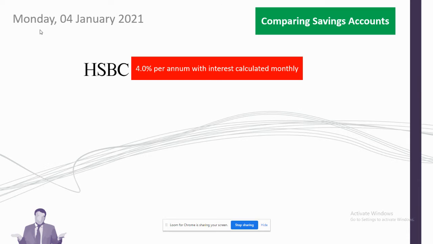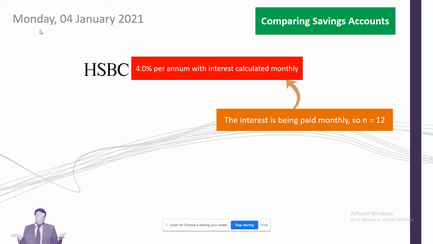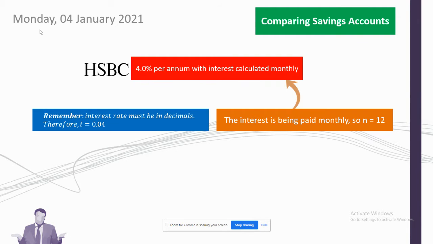Okay, second, you've got HSBC. This is 4% calculated monthly. So first of all, how many periods is this over the year? Your N is going to be 12 because there are obviously 12 months in the year. And then you also need to convert your percentage to a decimal. So I is going to be 0.04. 4% is 0.04.